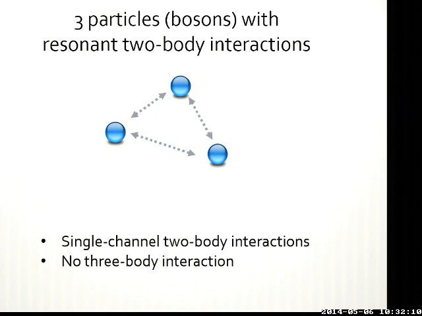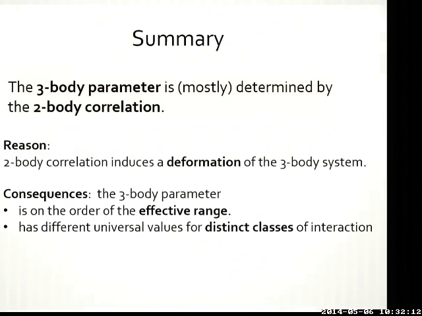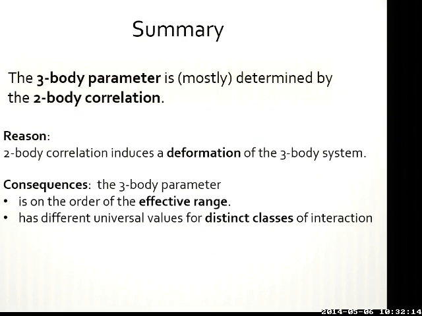First of all, I would like to give a summary of the results I'm going to present, just to convey the main message. Our results seem to show that the three-body parameter is essentially determined by two-body physics, and in particular what I call this two-body correlation, and I will explain what it means.